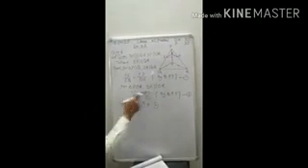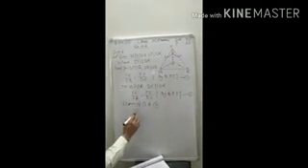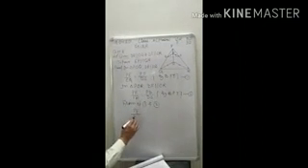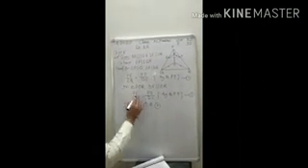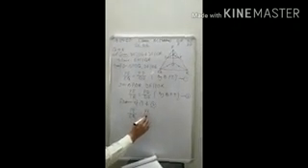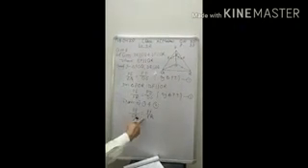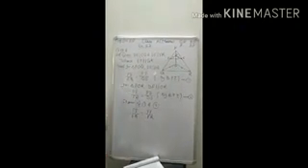So from equations 1 and 2, we can write PE upon EQ is equal to PF upon FR. This result you have derived from these two equations.